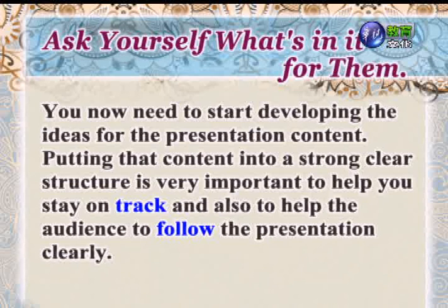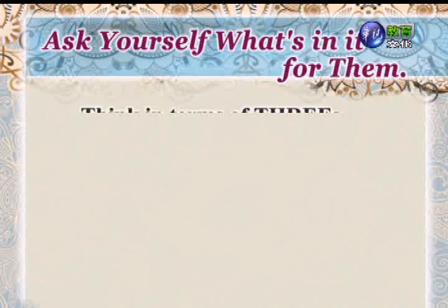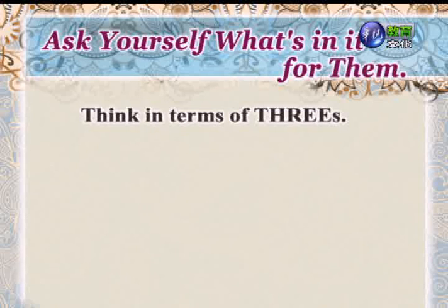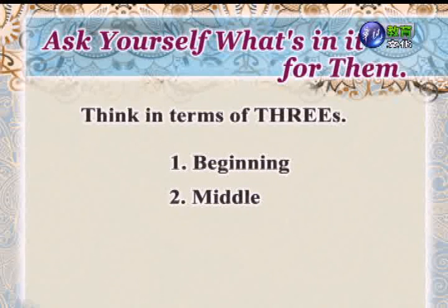You now need to start developing the ideas for the presentation content. Putting that content into a strong, clear structure is very important to help you stay on track and also to help the audience to follow the presentation clearly. Think in terms of threes. 1 beginning, 2 middle, 3 end.